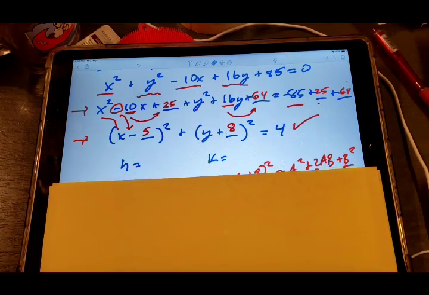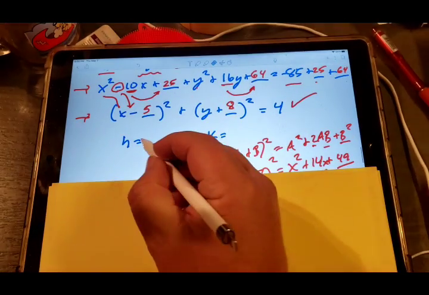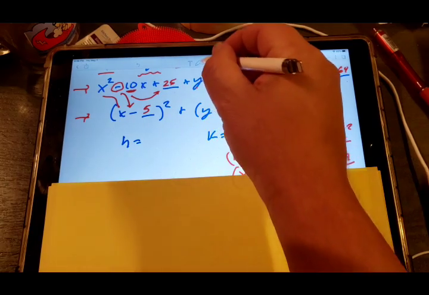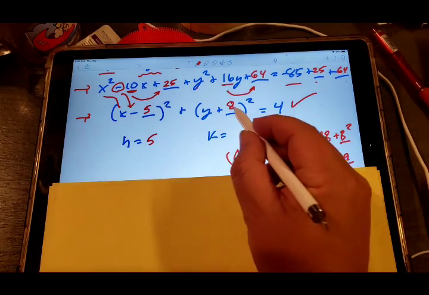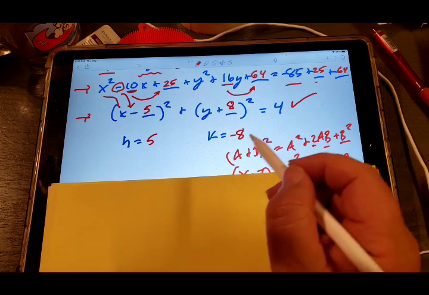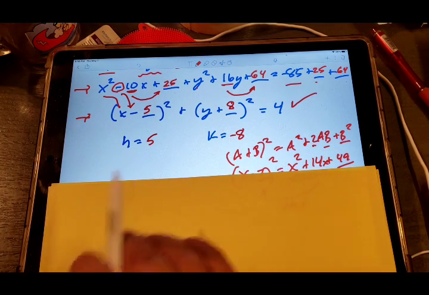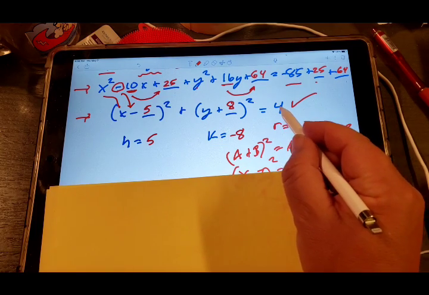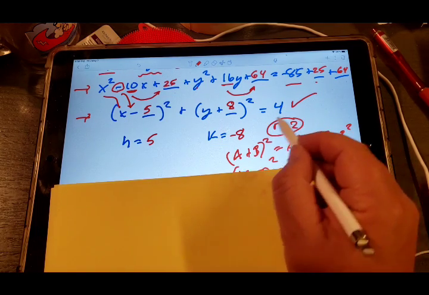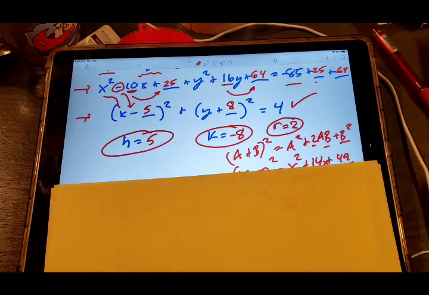So what do I have? H is equal to 5. Remember it's x minus h, so h is equal to 5, and k is equal to negative 8. And r squared is equal to 4, r is equal to 2. So I've got my numbers.